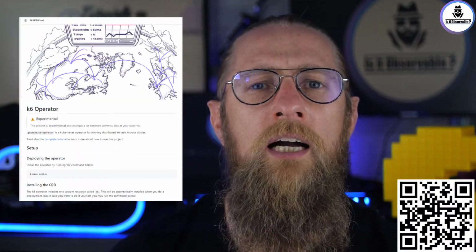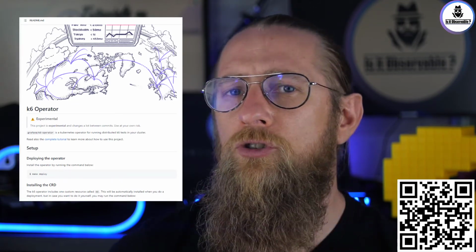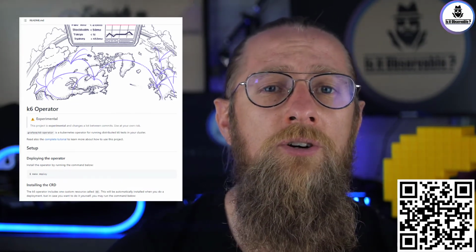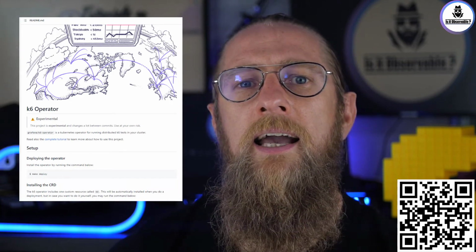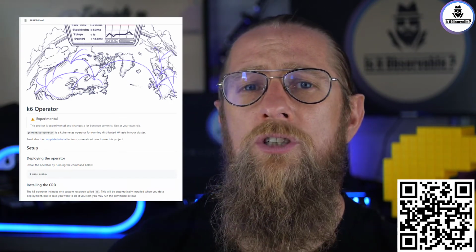The second extension that I really like, and I will share the value soon, is the K6 operator. It's great to have an operator and also the specific K6 CRD that helps us define our tests and run those tests in a distributed way within our cluster. I was wondering if your SaaS-based solution of K6 was basically based on the K6 operator.